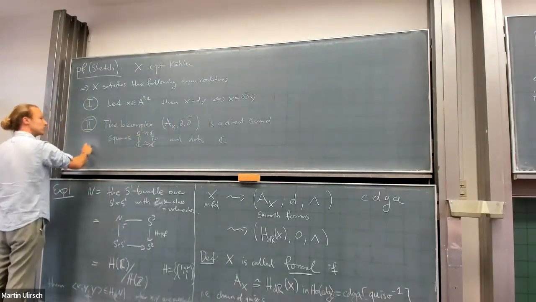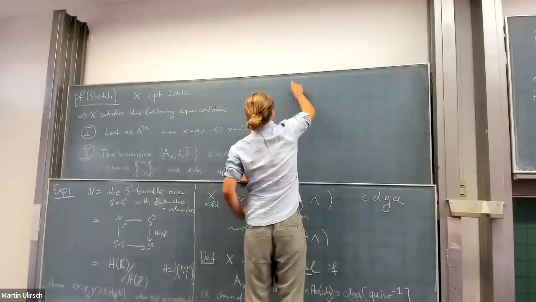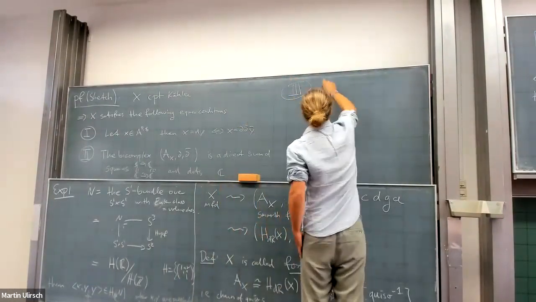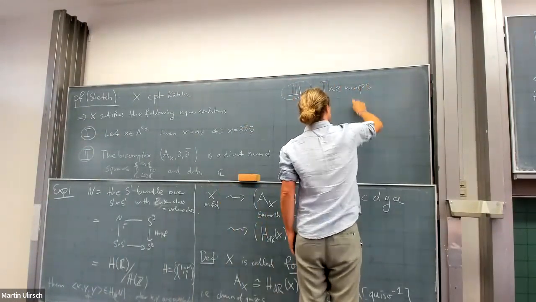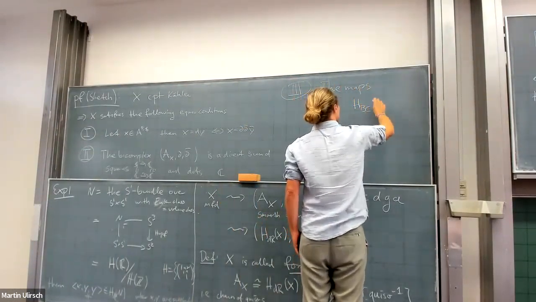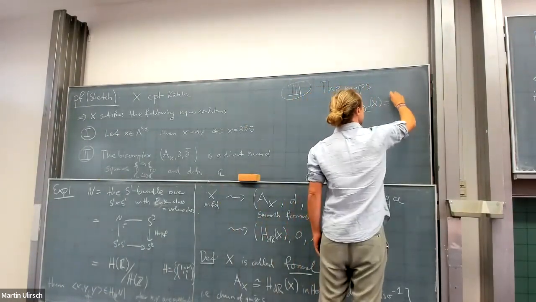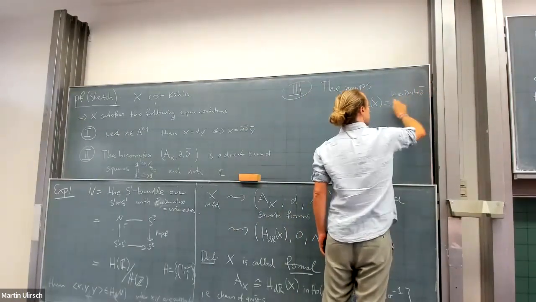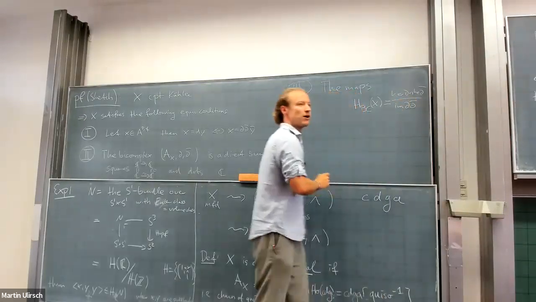And then the third doesn't fit here. Third, the maps from Bott-Chern cohomology of X. What is this? It is the kernel of del intersect with the kernel of del bar, modulo the image of del del bar.